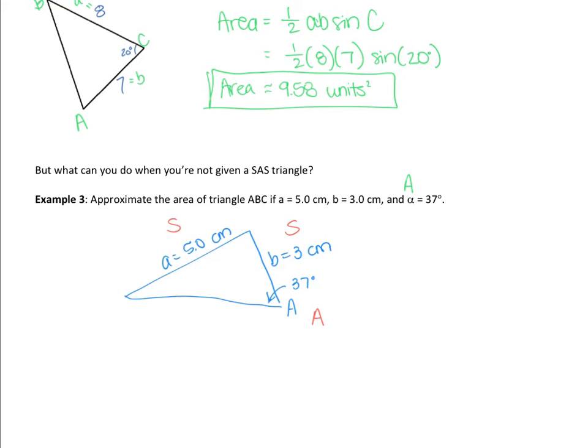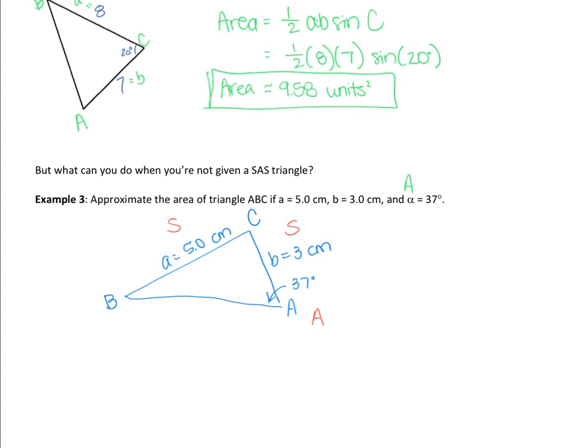Well, we could use law of sines to find this angle measure over here, and then subtract those 2 angle measures from 180 degrees to find this third angle measure. So let's do that. I'm going to label this angle on the left angle B because it's opposite side B, and since it's triangle ABC, my third vertex needs to be labeled C.